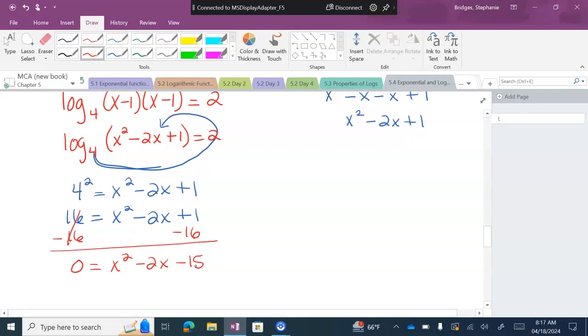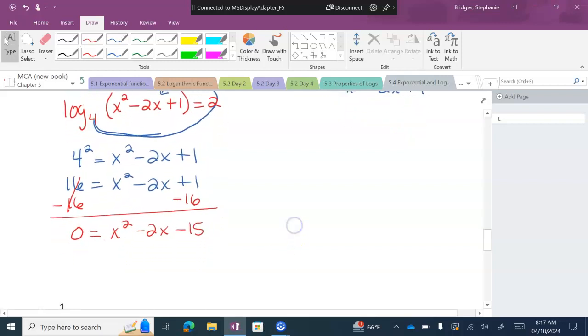You're looking for numbers that multiply to give you 15 and subtract to give you 2. What are those numbers? 5 and 3.